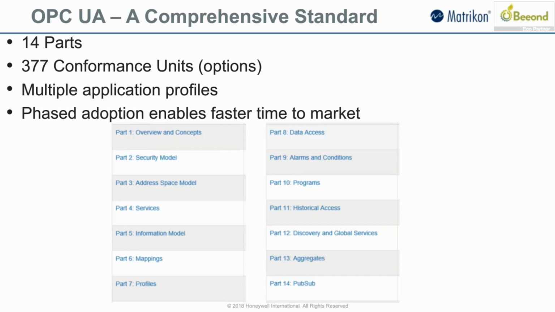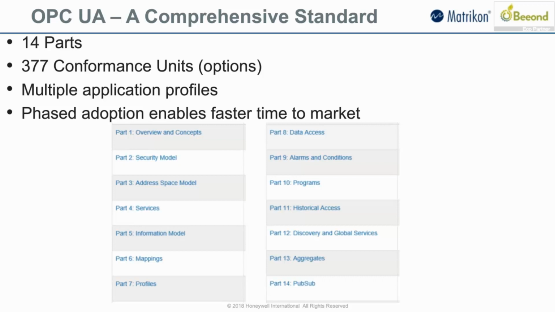As Derek pointed out, it's very scalable, very flexible, and with that kind of standard, usually it comes with some complexity and some size. So what's shown here is there's 14 parts to the OPC UA specification. It can be rather daunting to somebody just coming into it cold.